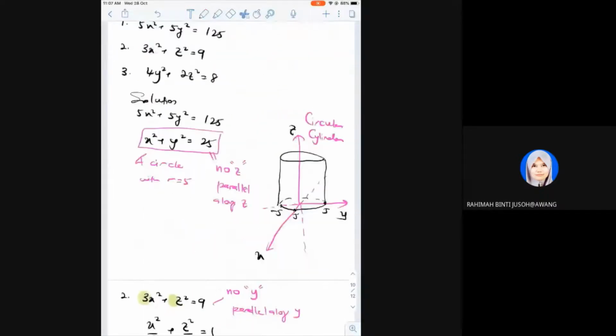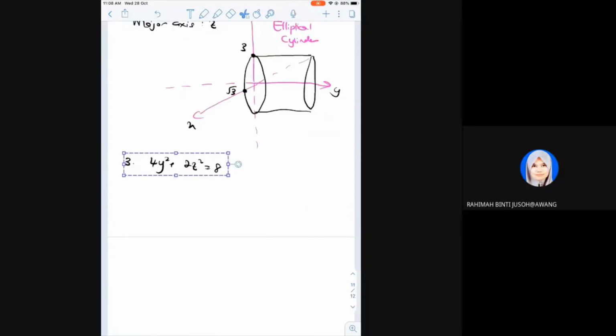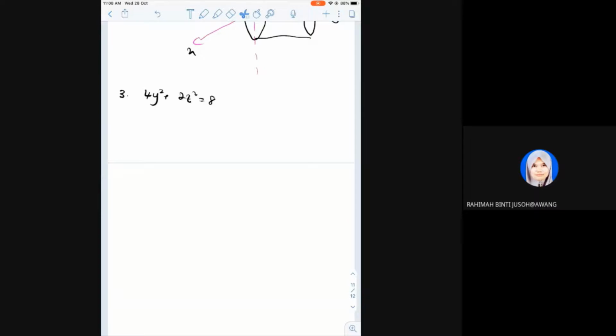Okay, now proceed question number 3. Dia parallel sepanjang paksi siapa ni guys? X. No X, yes. So parallel along X. So we will have, divide everything by 8. We have 4y squared.